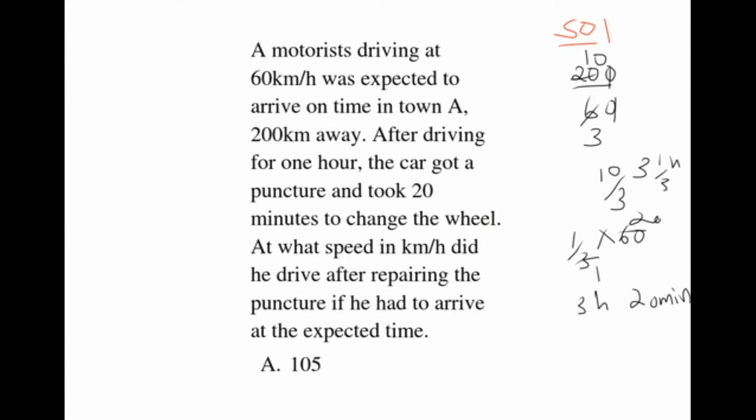After driving for this 1 hour, he went at a speed of 60 kilometers per hour. So, the remaining distance is 200 minus 60. The remaining distance is 140 kilometers.